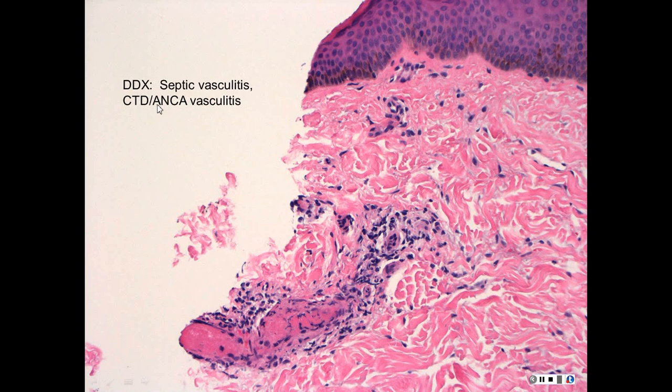But then you also have to remember connective tissue disease, especially rheumatoid and ankylosing. In this one, I forget; I have to check with Yasmin to see what the final diagnosis was. I know the kid did well and was broadly covered for sepsis.